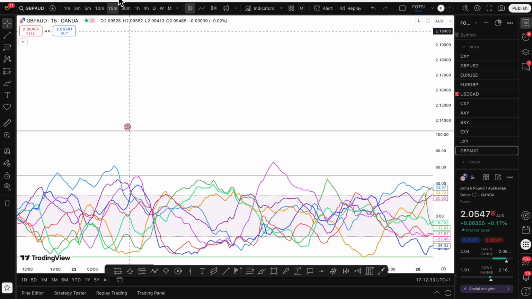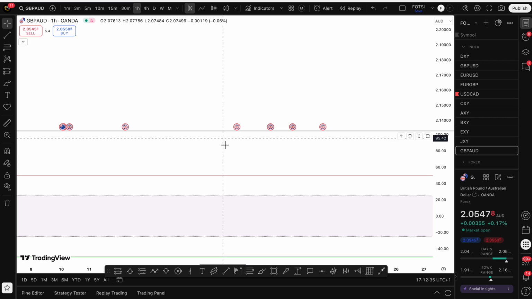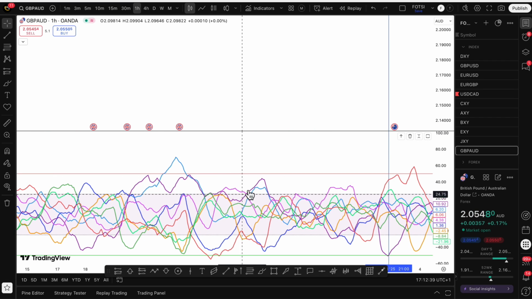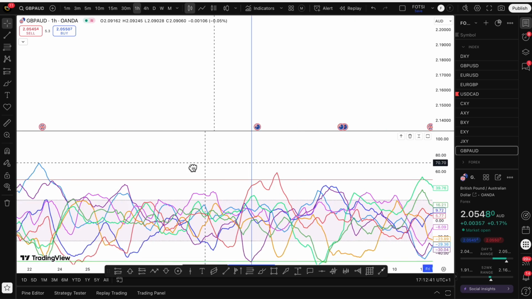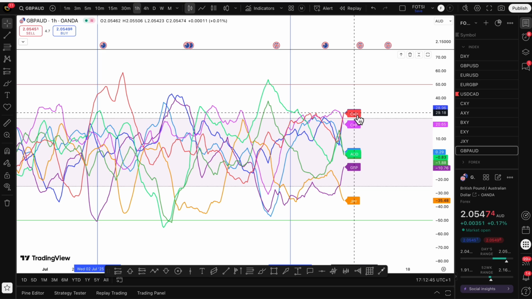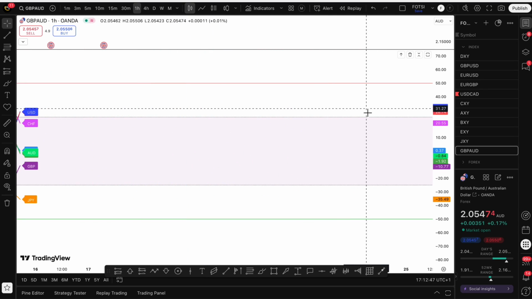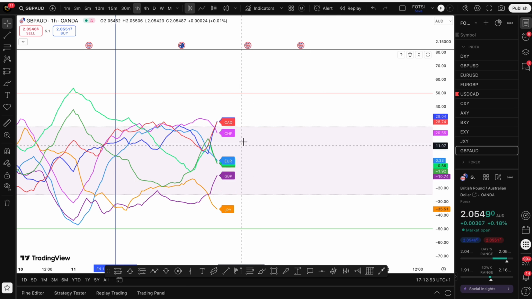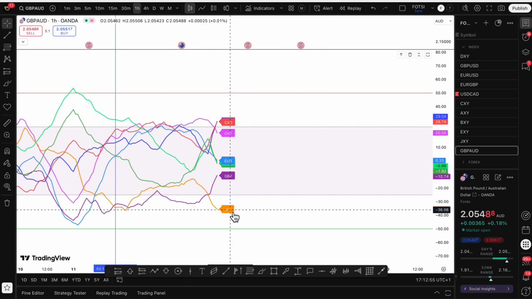But you can see here, at the bottom of this chart, each one of these lines represents the currency index. You can see the label flashing here. No matter what currency pair I'm on, I can see the strength of the JPY.